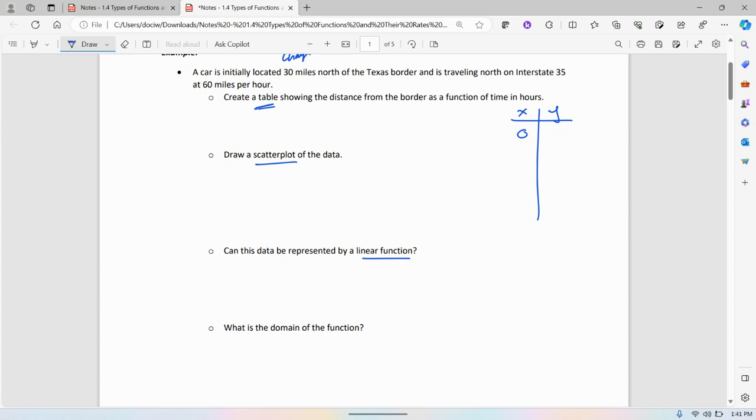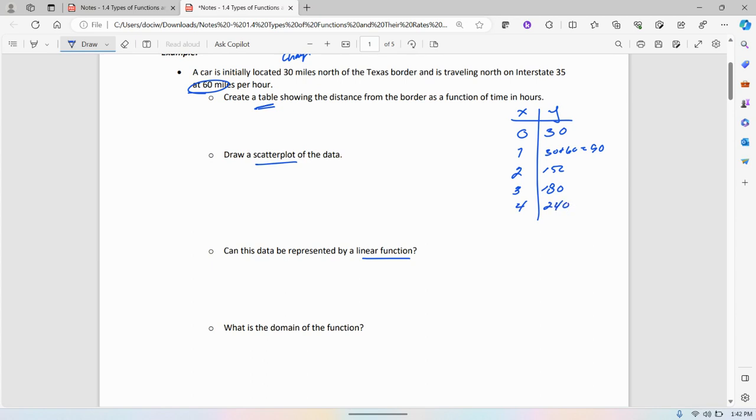When we start tracking the time, when x is 0, the car is 30 miles north of the border. 1 hour later, it's at 30 plus 60, or at 90 miles away from the border, because it's traveling at 60 miles each hour. After 2 hours, it's 150 miles from the border. And after 3 hours, it's 180 miles from the border. And I could keep going with my table here.